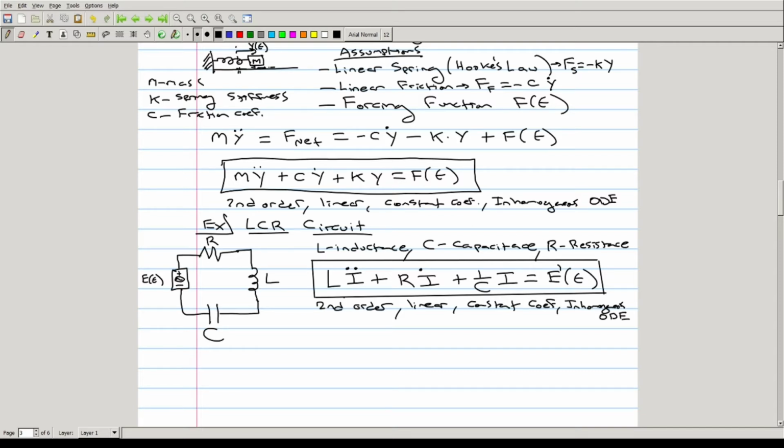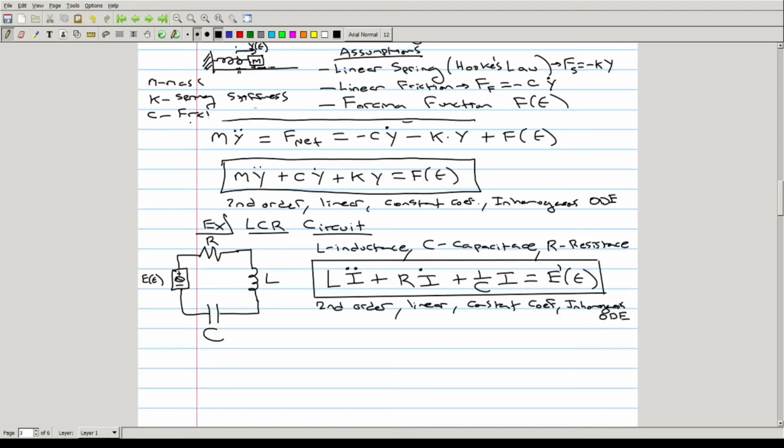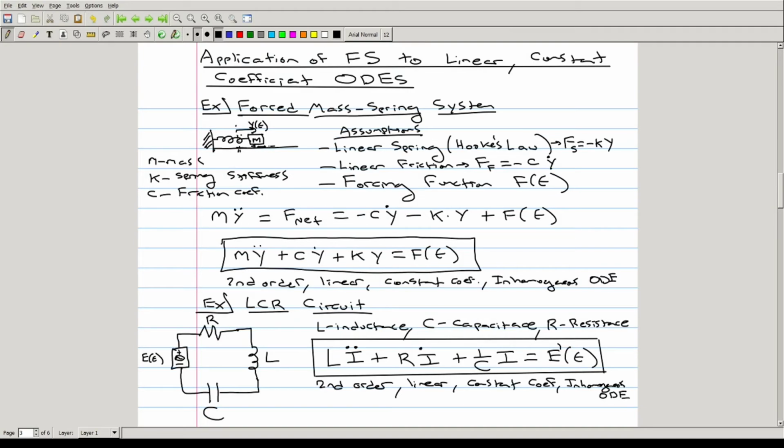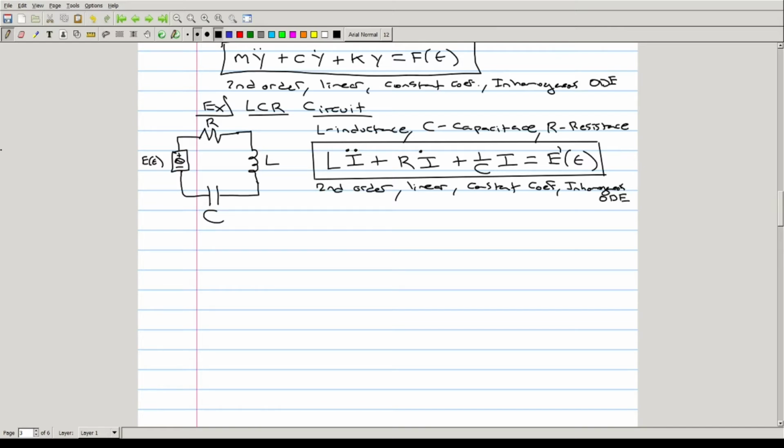But the idea is that qualitatively speaking, these two ordinary differential equations are solved in the exact same way, even though they describe completely different physical systems. So I think this is very neat. And we will focus on systems like these two. I just want to give a third example of where you see what we're about to study in engineering, and that's the example of the beam equation.